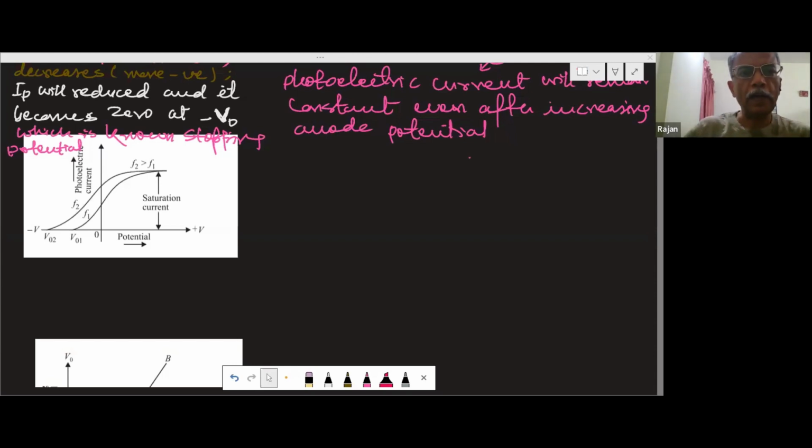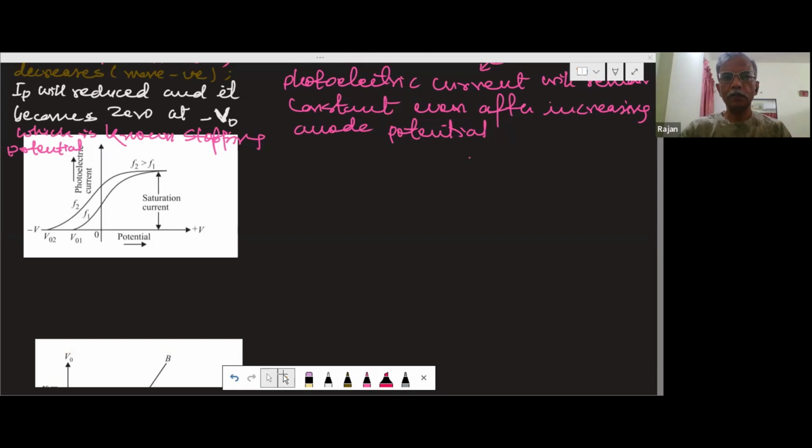Mind it, here your I1 is equal to I2. Remember, in this case f2 is greater than f1. You are able to see the cursor here, right? So f2 is greater than f1, where both f2 and f1 individually are greater than the threshold frequency to have the photoelectric effect, right?